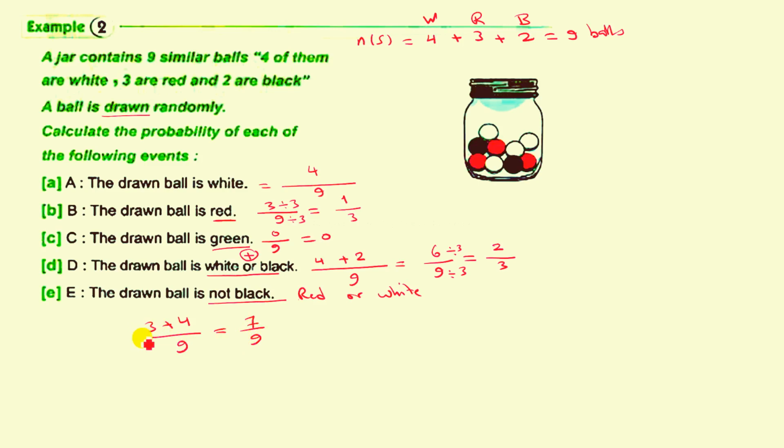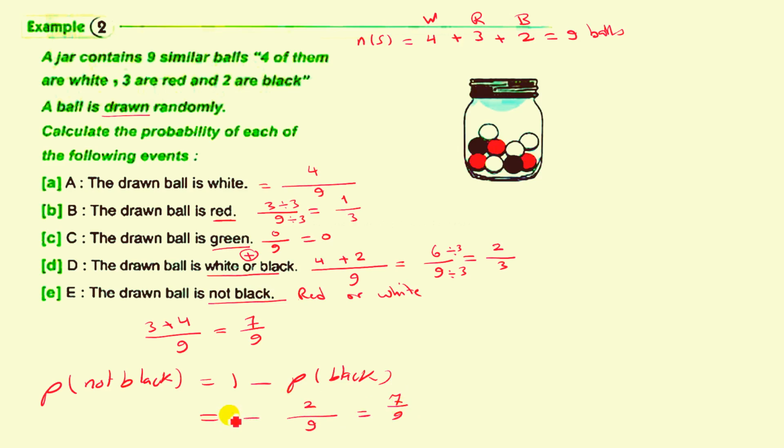Be careful, you can find the probability of not black in another way: 1 minus the probability of getting black. How many black balls? 2 over 9, so 1 minus 2 over 9 is equal to 7 over 9.